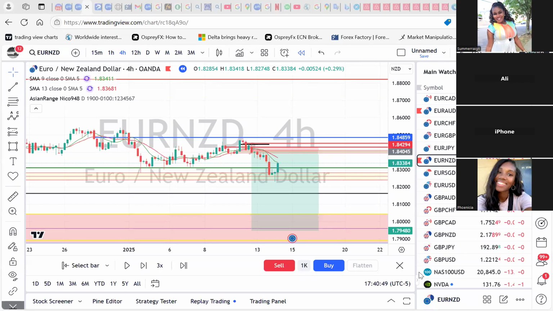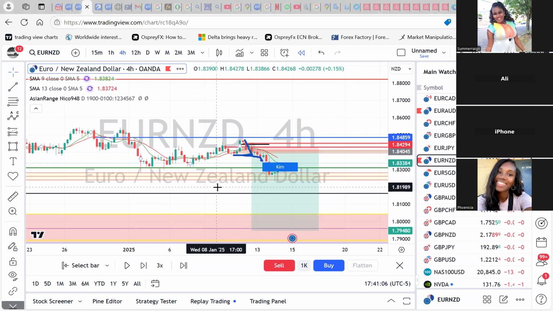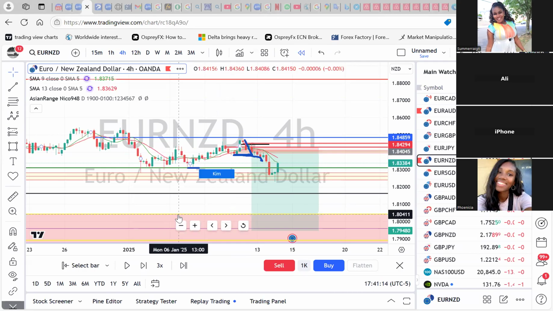But that's why I was saying, as a swing trader, it's a little different. But based on this trade right here that Ty talked about, when he said once it breaks structure, we know it's going to pull back. If it doesn't pull back from here, then it is likely going to pull back from here or here.